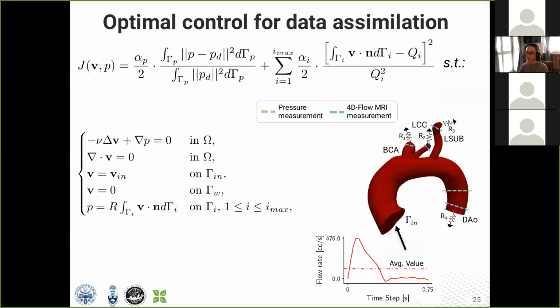To give you a bit more detail on the optimal control problem that we solved, we define a cost functional here, and that is constrained to the solution of the Stokes problem. The cost functional has a term where we are minimizing the difference between the state pressure and a measured pressure, PD. Actually, we have the average pressure measured on the patient, but we assume to have measured it on a specific cross-section of the aorta.